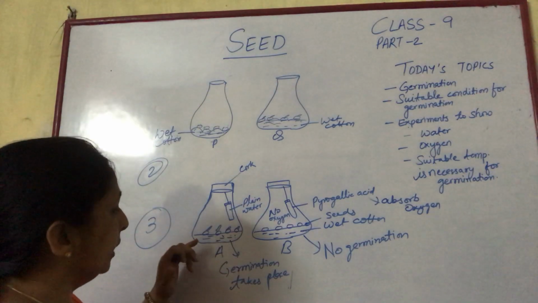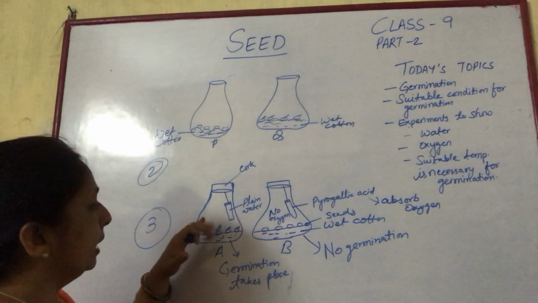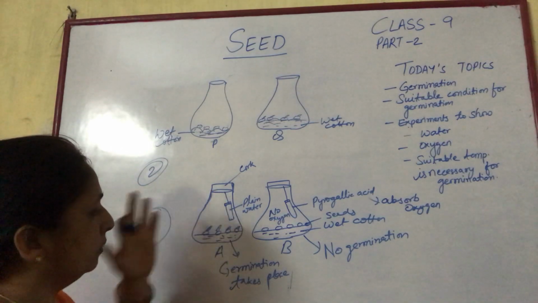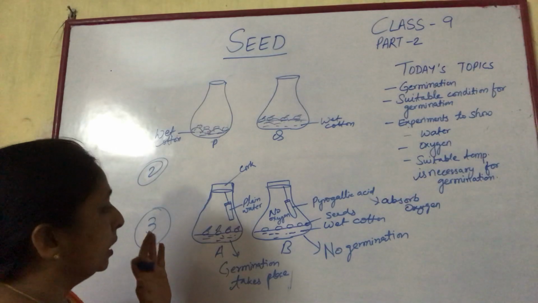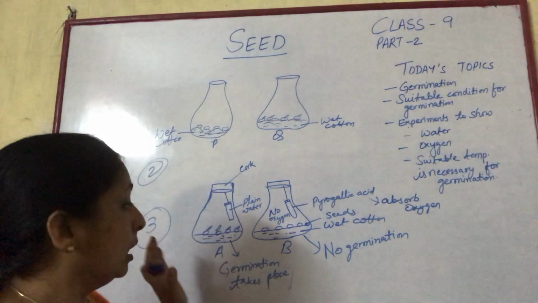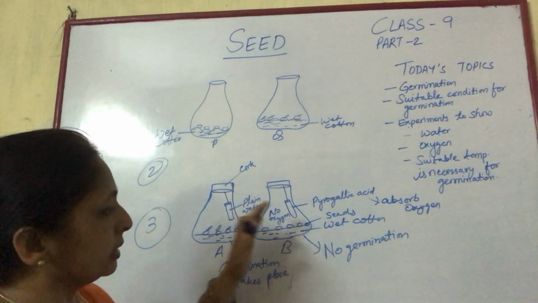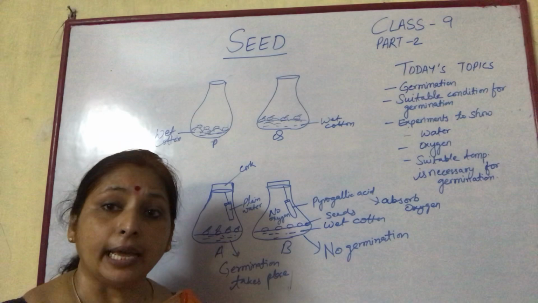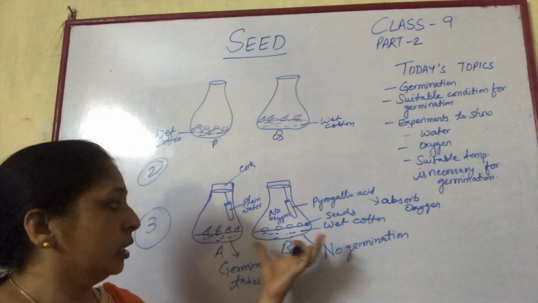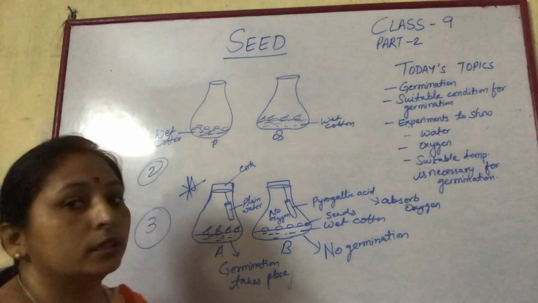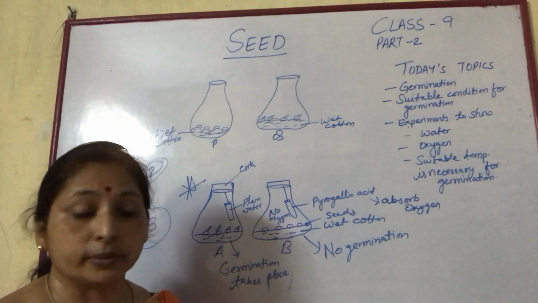Wet cotton is present, plain water, and oxygen is available through the plain water as well as inside the flask. So suitable temperature, water, oxygen, all 3 are present, and the germination process takes place. While here, pyrogallic acid absorbs oxygen. In the absence of oxygen, no germination takes place. This experiment is very important for the examination.